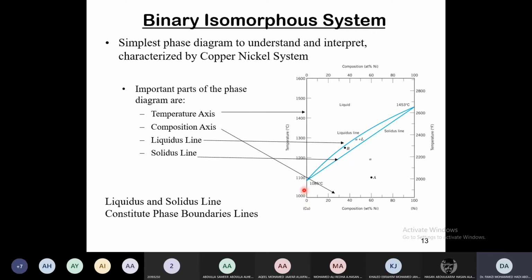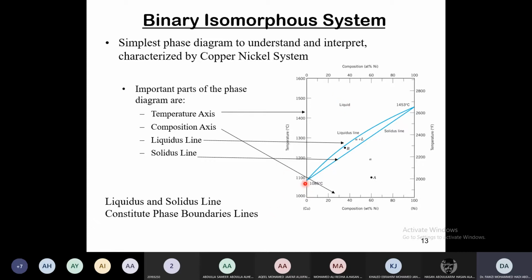If you heat up that copper, just before you reach that point, everything is solid. Once you pass that point, you are in this area above 1085 degrees centigrade, which is given here. Once you reach above that temperature, you are having a liquid.